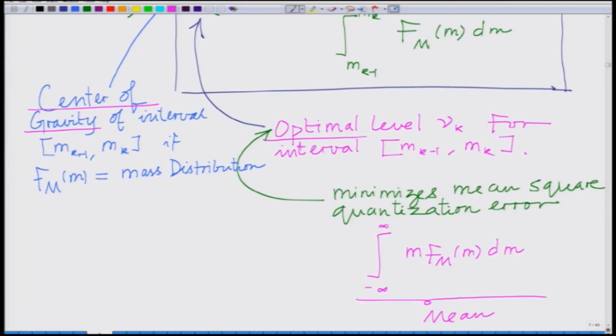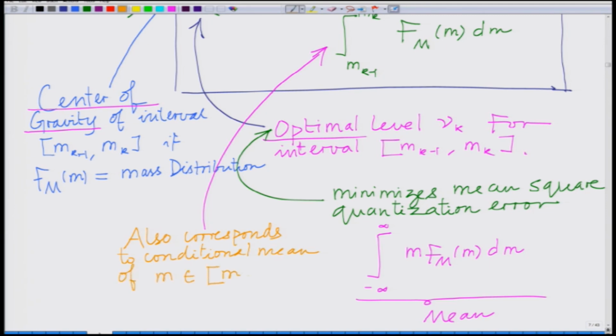One can also note that this corresponds to the conditional mean of the signal sample, conditioned on the event that the signal sample belongs to the interval m_{k-1} to m_k.